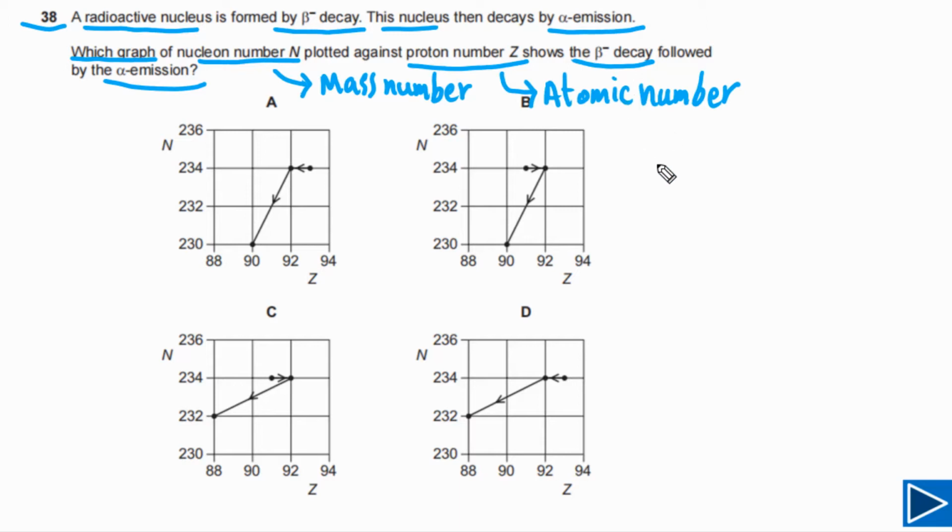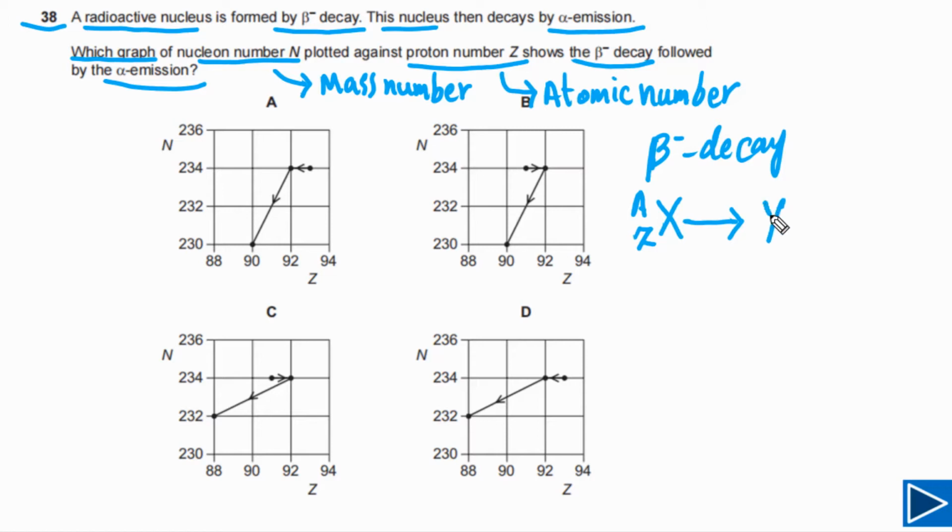Now we need to understand what beta minus decay is. Imagine that we have nucleus X, with atomic number Z and mass number A, and this nucleus decays to another nucleus by emitting a beta minus particle.